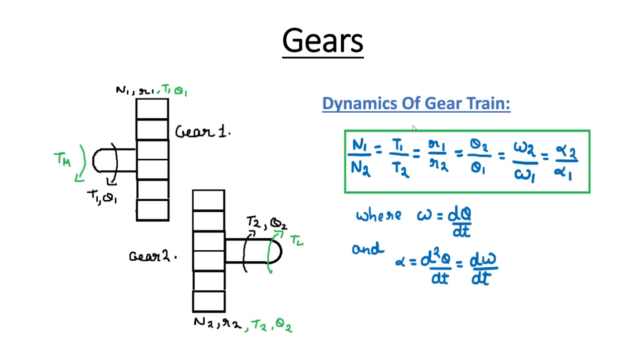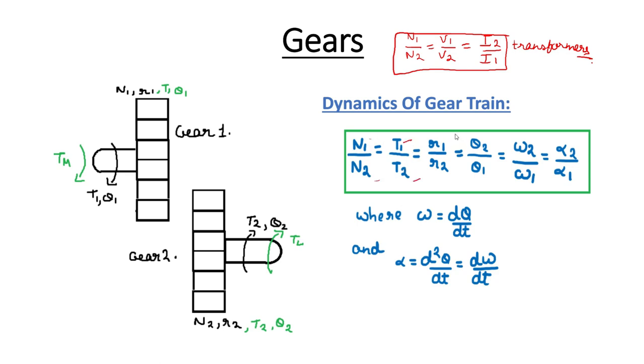Okay, now the dynamics of the gear train. For transformer, we all know that N1 upon N2 is equal to V1 upon V2 is equal to I2 upon I1. This is for transformers. Similarly, for gears, N1 upon N2 is equal to T1 upon T2 is equal to R1 upon R2. So it is same, and then here we have this opposite.